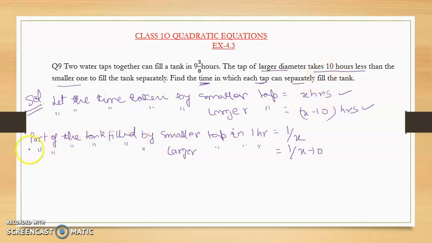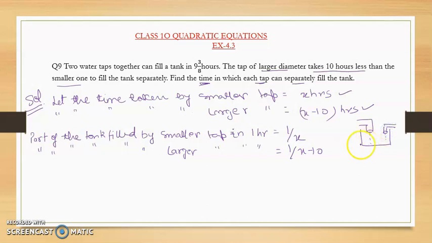Now we are saying the part of the tank filled by the smaller tap in 1 hour. Suppose this is a tank students, and this is one tap, the tap with a larger diameter, and water is flowing here, and the other one is with smaller diameter.